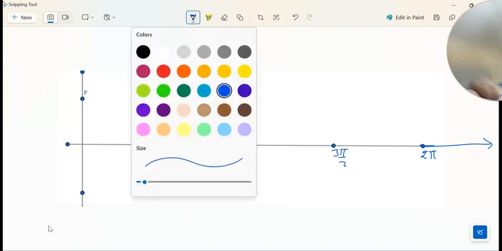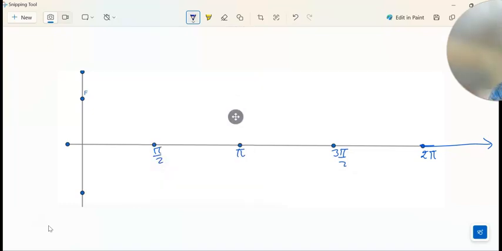And the graph of sine, just imagine the regular graph of sine, suppose this was 1 and this was minus 1. The period of sine is 2 pi.